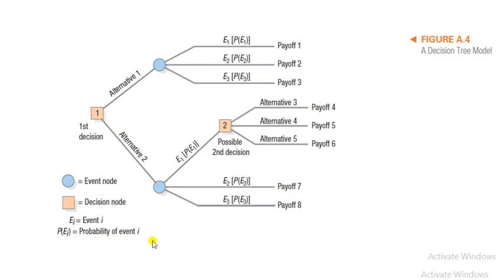So in this way, you are making a decision considering the payoff, and you will choose the payoff which is the highest for your decision making. And the decision tree model helps you to see all the alternatives in a pictorial representation.